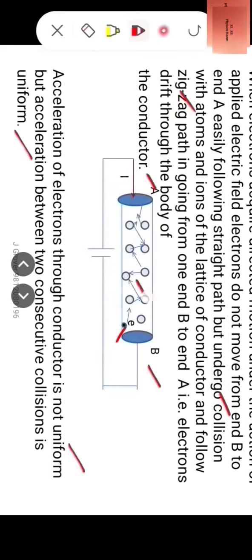So here acceleration is uniform, but it is not uniform through the conductor itself.